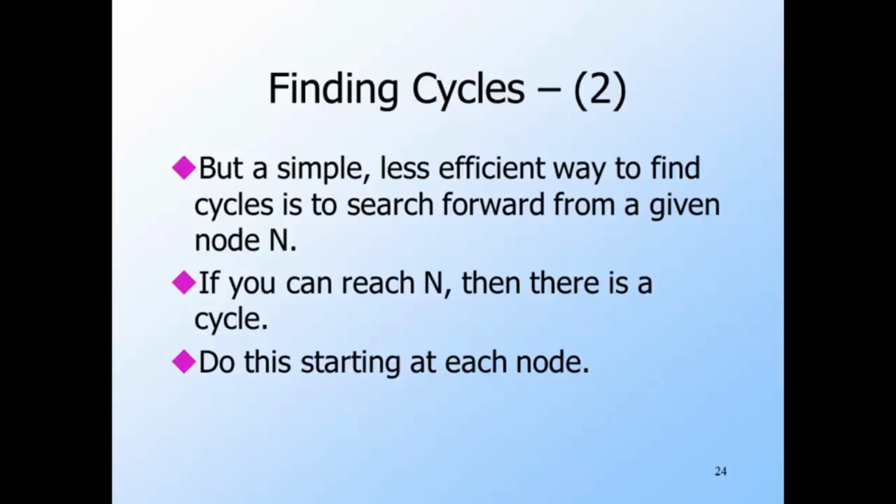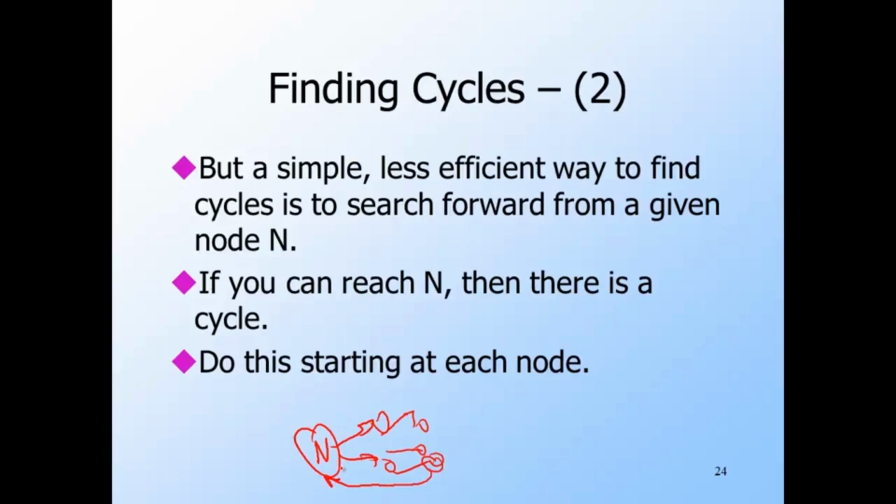We're going to do the same thing for each node n. Starting at n, search forward until you either can reach no more nodes or you discover that you can reach n. That is, here's node n, we explore forward from it, and if we're lucky, at some point we reach a node that has an arc back to n.